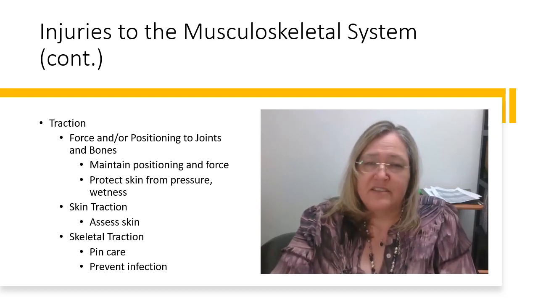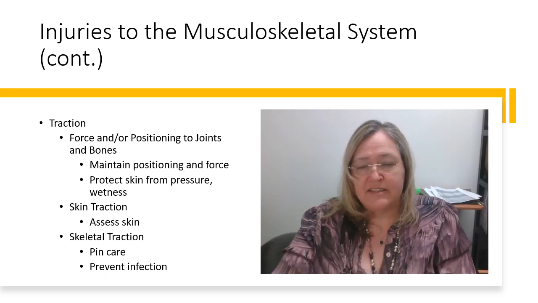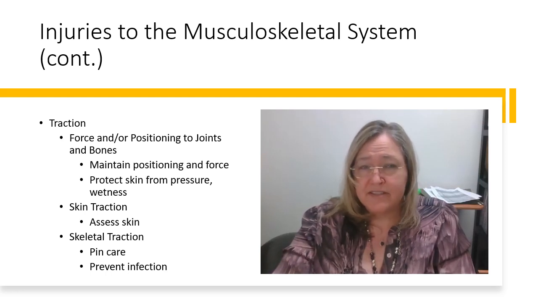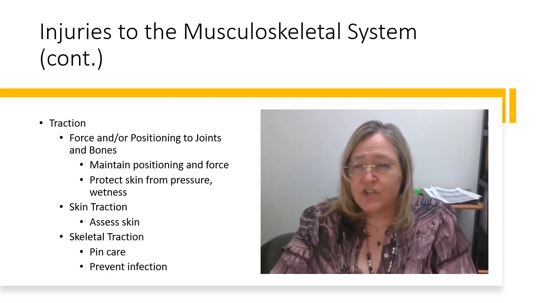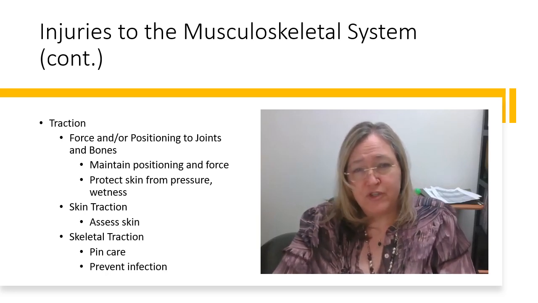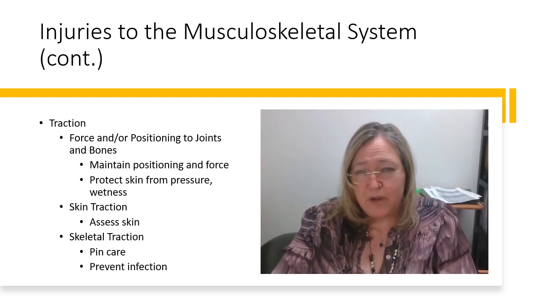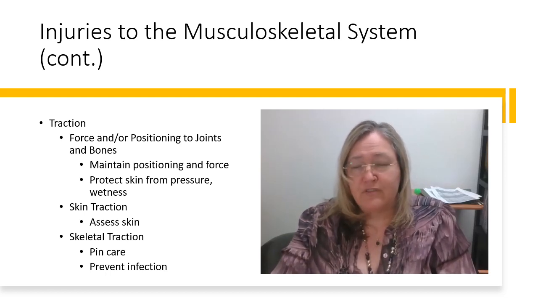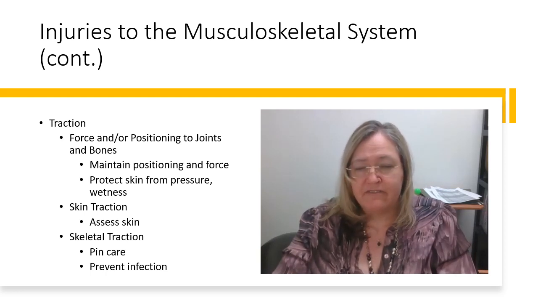And sometimes when there's a break, as I said earlier, they can put pins for external fixation through the skin, so your job would be to keep the puncture sites for the pins clean and as sterile as possible. Of course, it's not going to be perfectly sterile, but you're going to keep it from getting infected.